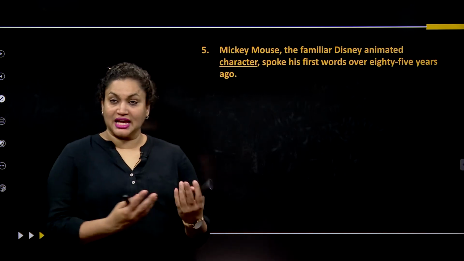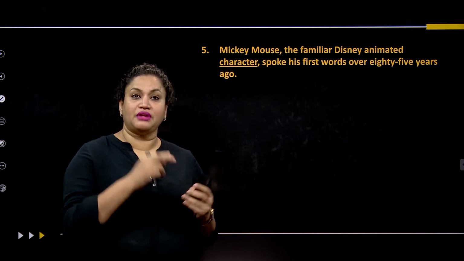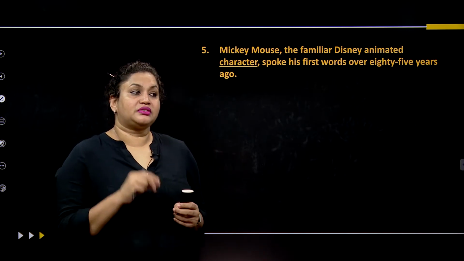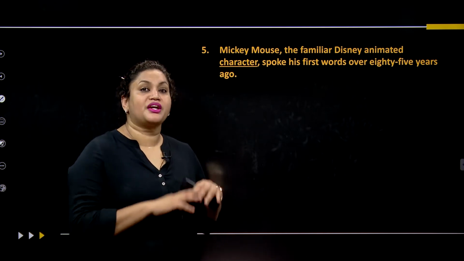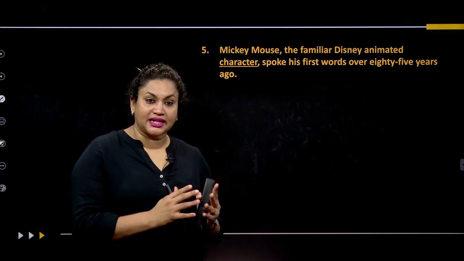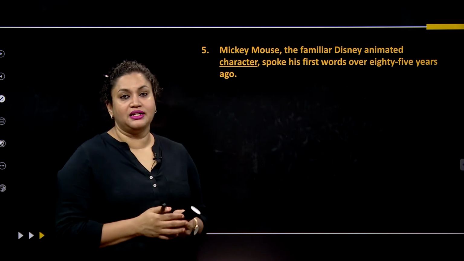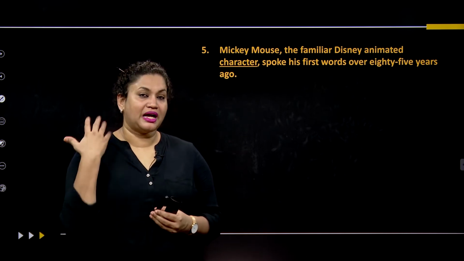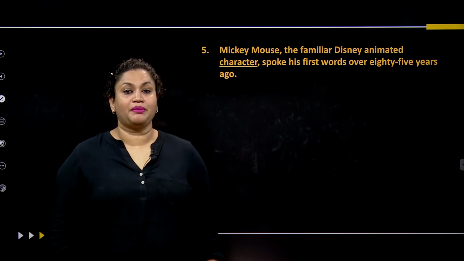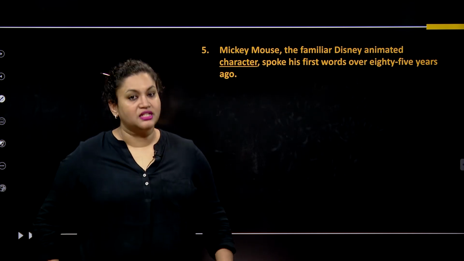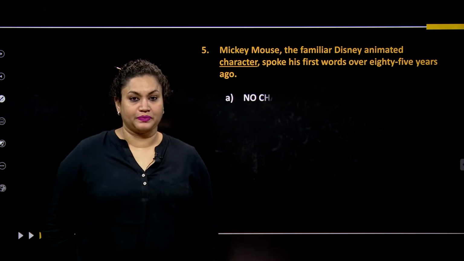Please understand, each section is tested on your evidence-based writing. So please pay attention and try to do it yourself. Take 30 seconds to complete each question. That will give you more mileage and you will understand. And if you are stuck somewhere, I am always there to help you out. Let's start. Mickey Mouse, the familiar Disney animated character, spoke his first words over 85 years ago.